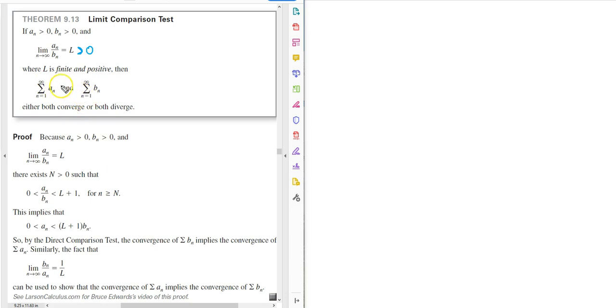Now that's the same as saying if one of the series converges, then the other one converges also, or if one of the series diverges, then the other series diverges also.